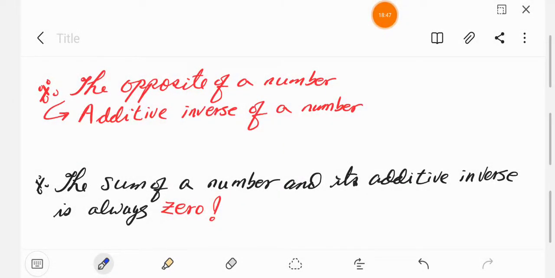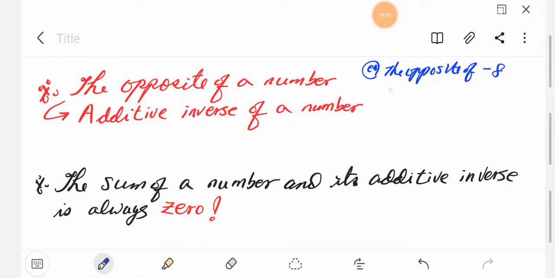Okay, let's check some definitions. The opposite of a number. What's the opposite of a number? Let's say, for example, the opposite of negative 8.